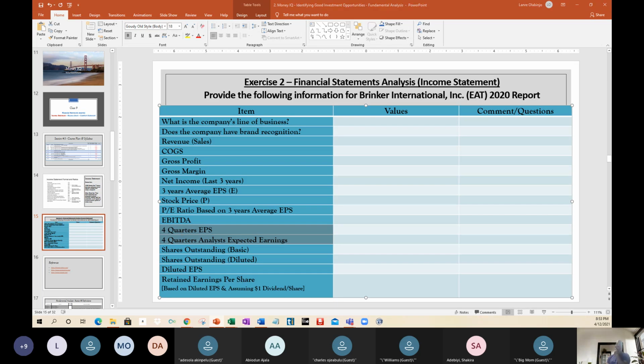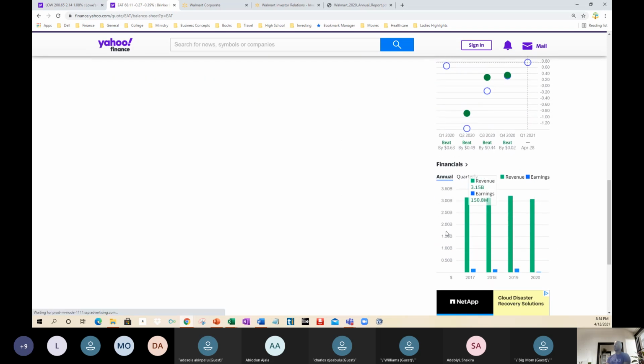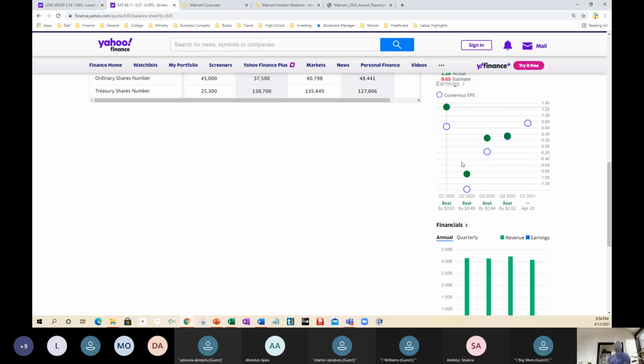If you go to that same Yahoo page and scroll down, there's this chart that shows you their quarterly revenue and earnings. It also shows you at the top the earnings per share as numbers. The green is the actual earnings per share. The one that's unshaded with the blue is the estimated earnings per share.